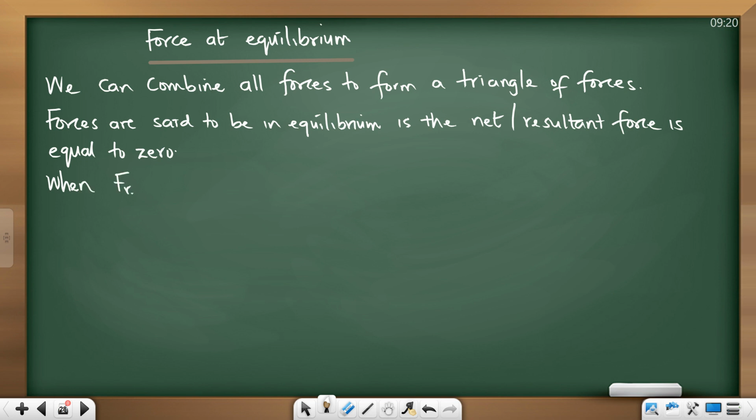When F resultant or F net equals 0, an object is said to be in equilibrium position.